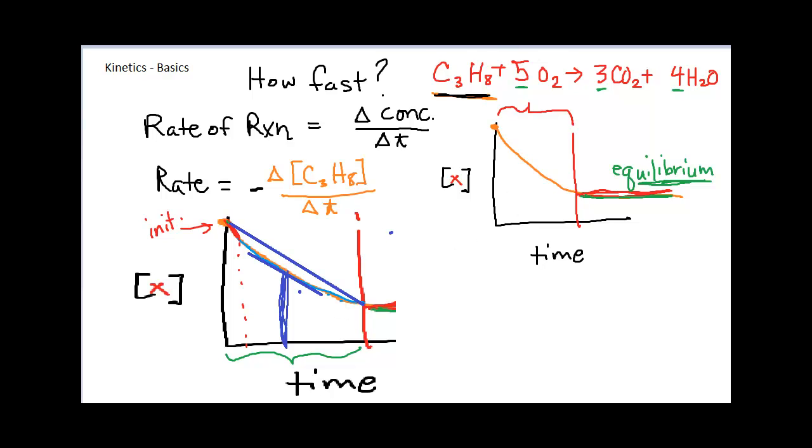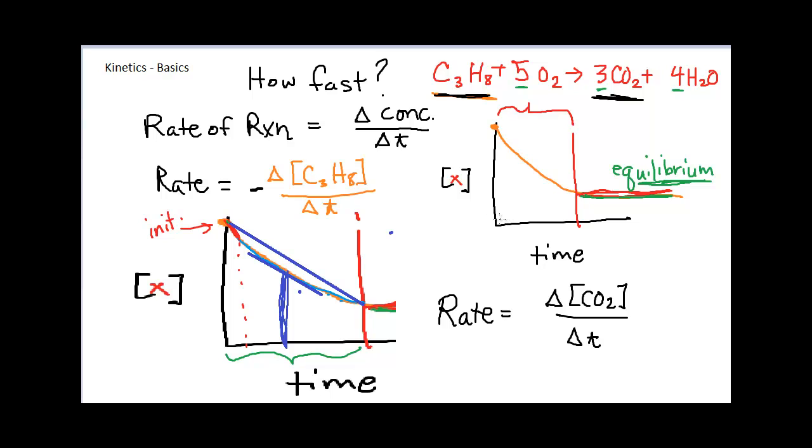And so you'll see some examples in the textbook looking at different ways to calculate the rate based on this graph. To make matters even more complicated, instead of looking at the rate with respect to C3H8, let's say I wanted to look at the rate in terms of the CO2 concentration. Let's say I was able to monitor the change in concentration of CO2 with respect to time. In this case, the CO2 concentration is getting bigger and bigger, so I don't need a negative sign here.